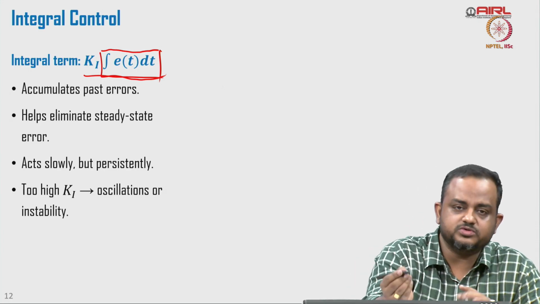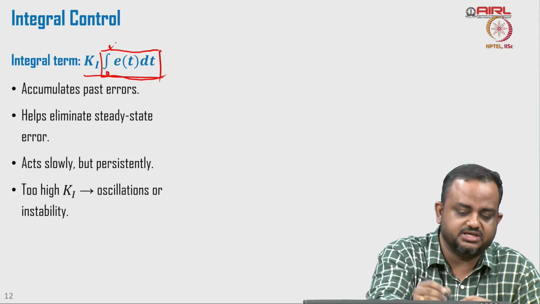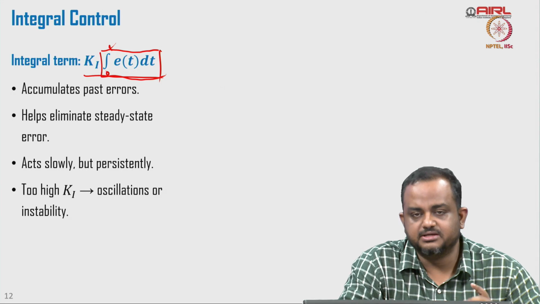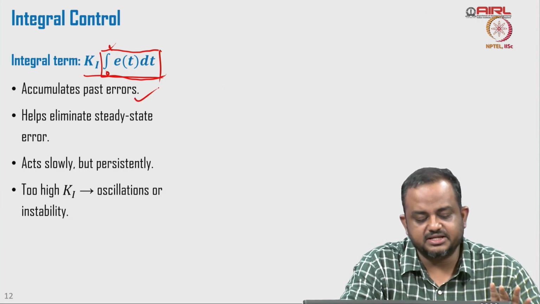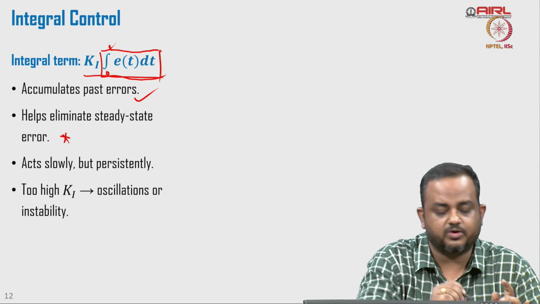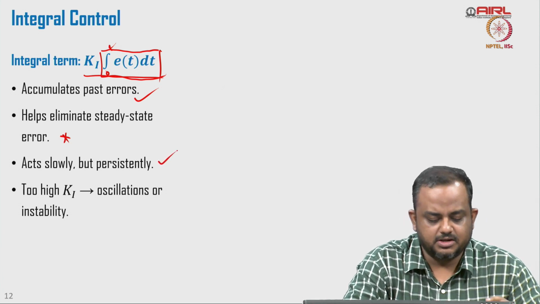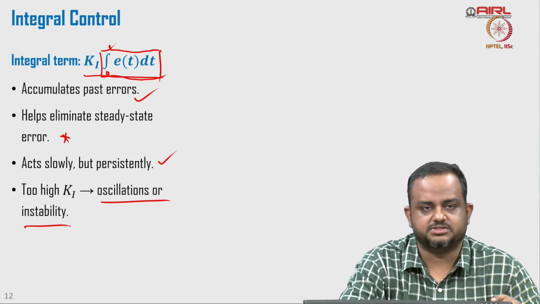When we do this kind of error integration, we do it from 0 to t. That means, when we are seeing the system at the time t, it is accumulating all the past errors. It helps eliminate steady state error, a very important point for integral control. It acts slowly but persistently. Too high a value of Ki can lead to oscillations or instability.